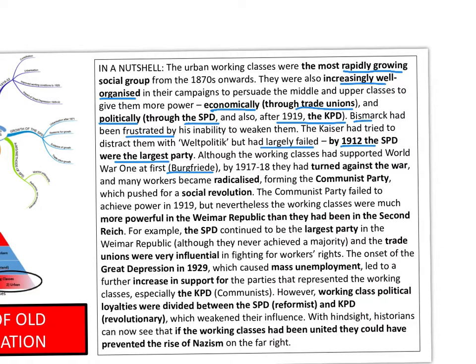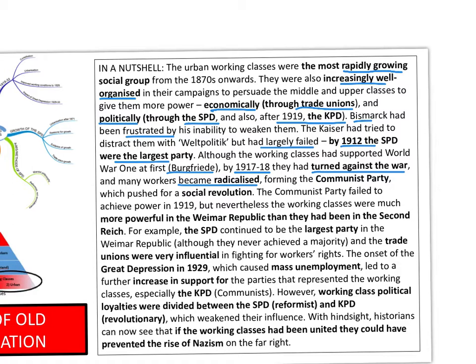But clearly, by 1917 to 1918, they felt that they, in a sense, had been hoodwinked by the government, when they had been told in 1914 that it was a defensive war, because clearly it was now an offensive war and it had gone on far too long without any visible gains. So the working classes very much turned against the war. We've already done that. But what was interesting is that many workers became radicalised, okay?